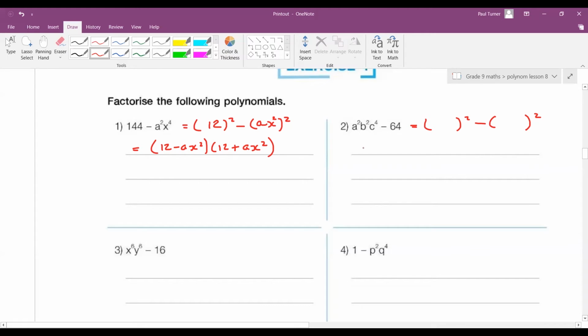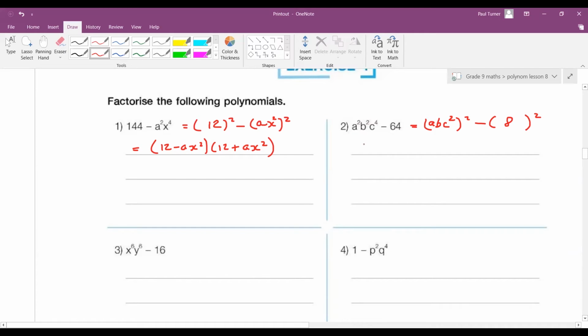So for this question, we've got a squared b squared c^4. So this is going to have to be ab c squared. 64 is 8 squared like that.